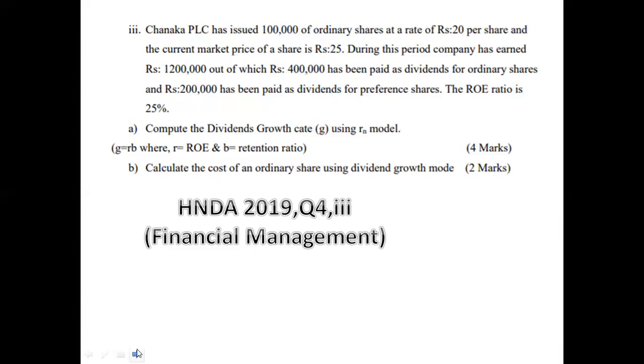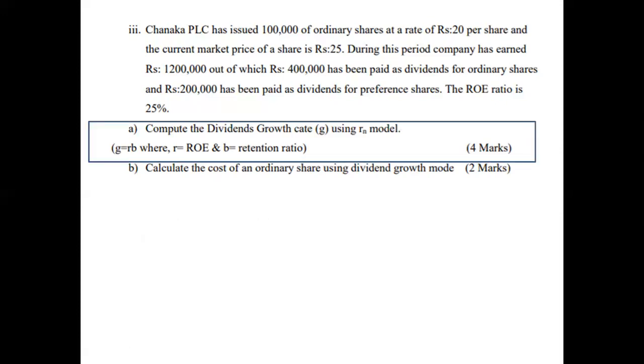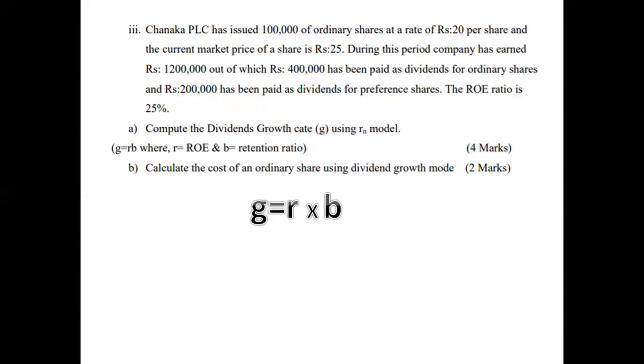So first of all, we need to adopt the RB model and calculate G. That is our task 1. In the previous session, where we discussed dividend valuation and the cost of capital, we discussed the RB model.